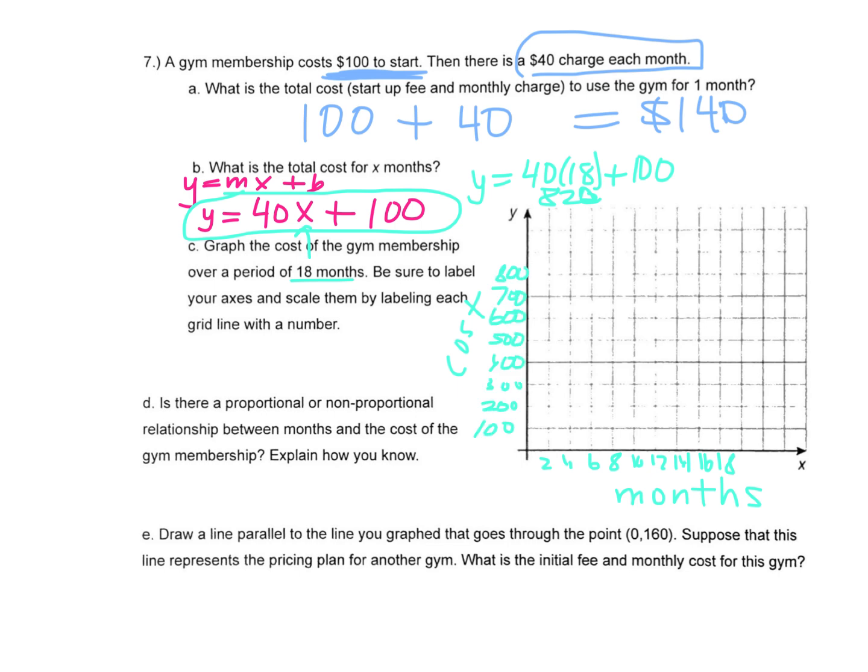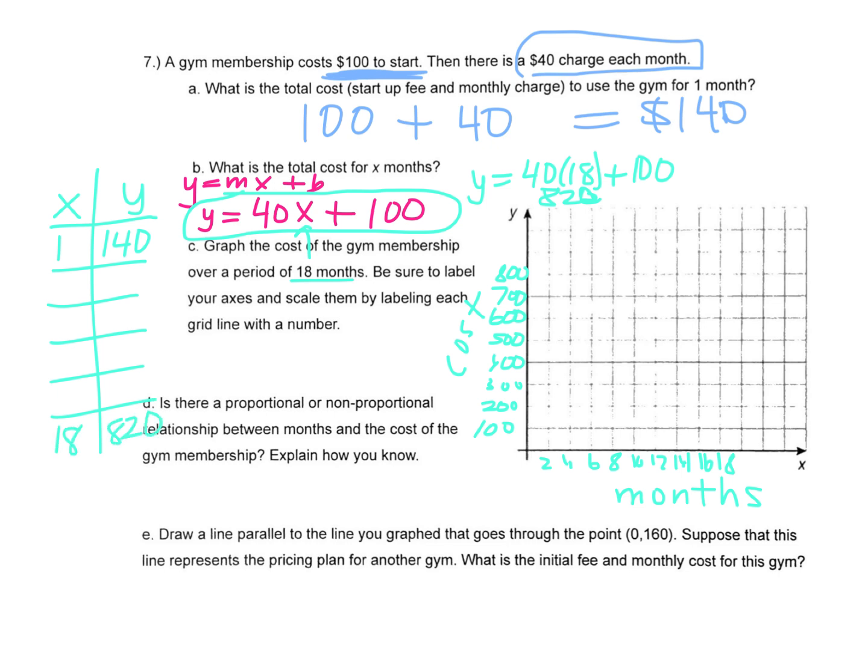Okay, so now I have to figure out what all my points are. I'm thinking about maybe using an x and y table over here. So we know 1 month is 140, and we know that we need a few ordered pairs to plot, and we know that 18 months is 820.